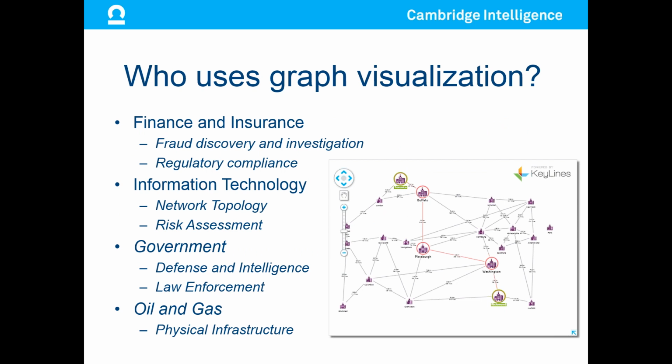Information technology is another area where I've been really surprised by the take-up of KeyLines and of doing graph visualization in general. If you think about a physical network, especially at a larger organization like a Fortune 500 company, they have a lot of interconnected things, applications that are hosted on servers that are connected via routers and switches, and all of those depend on various storage devices.